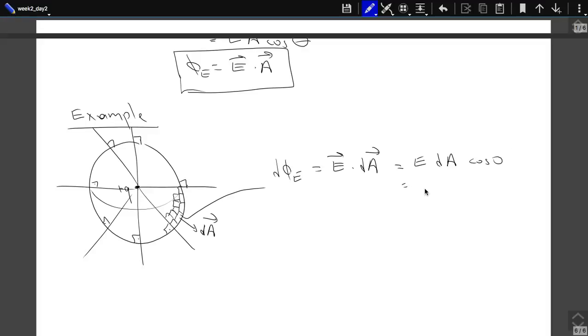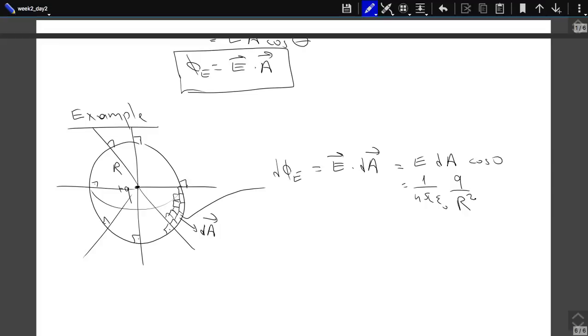This is E. Well, what is the electric field on that area? The magnitude of the electric field. The sphere has a radius, let's say R. One over 4 pi epsilon 0 Q over R squared. This is the magnitude.